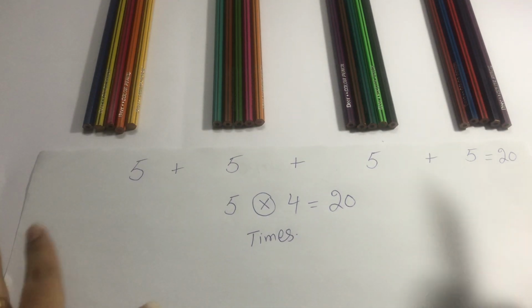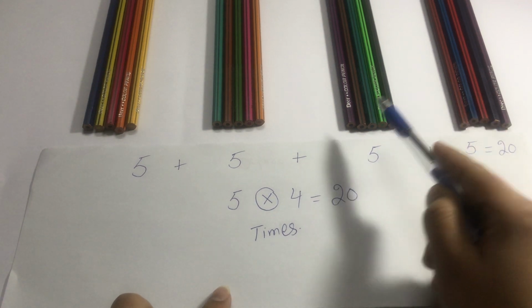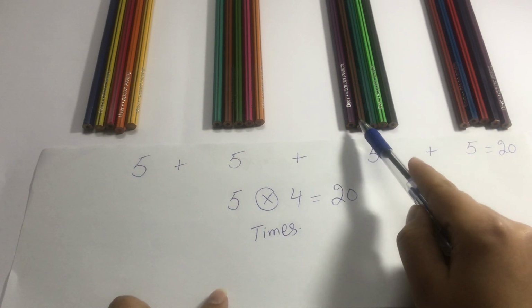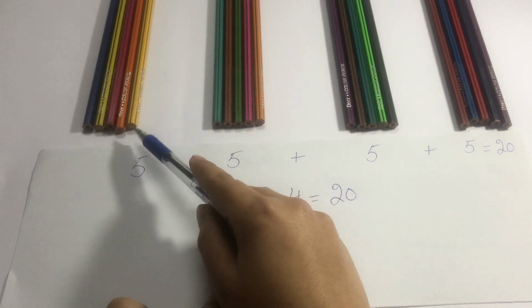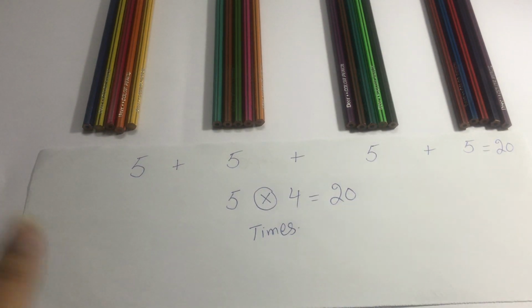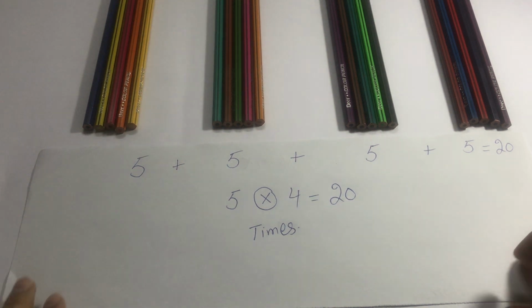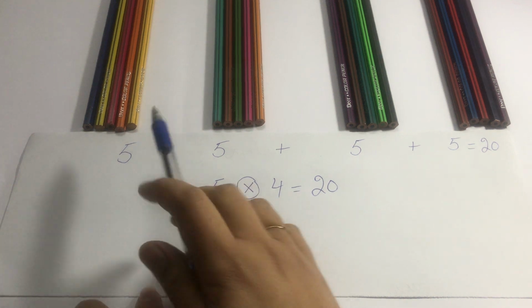One thing, I can count my pencils like 1, 2, 3, 4, 5, 6, 7, 8, 9, 10, 11, 12, 13, 14, 15, 16, 17, 18, 19 and 20. You have only 20 pencils right now, but if you have more than 4 groups, then it will take more time, right? But the second way is you can use the repeated addition method.